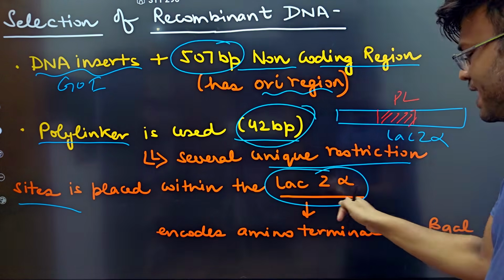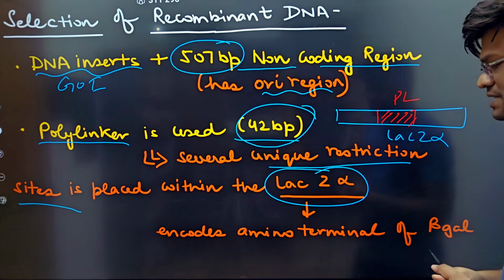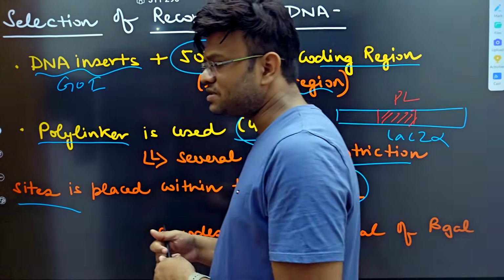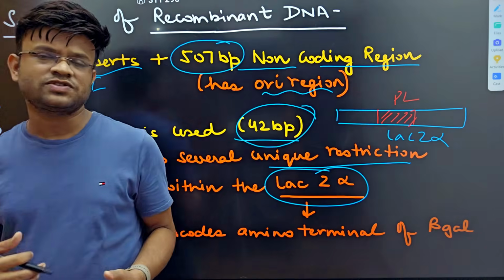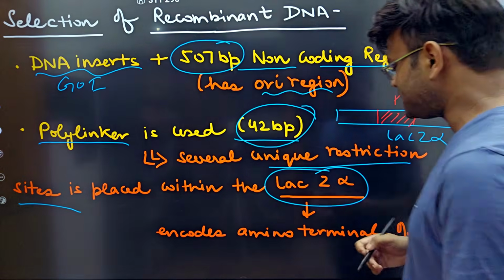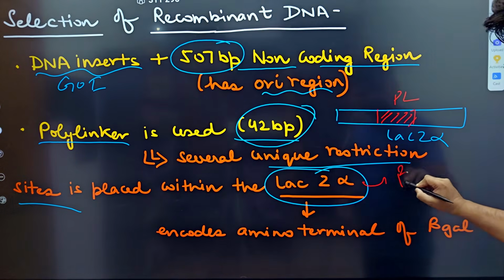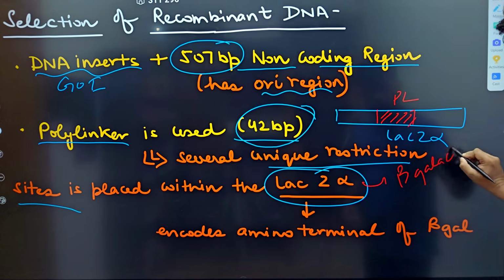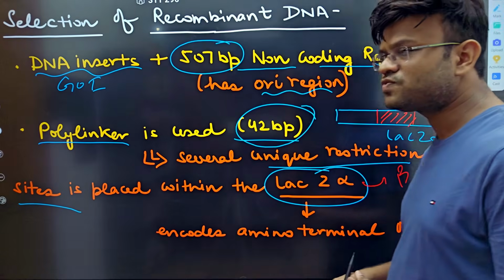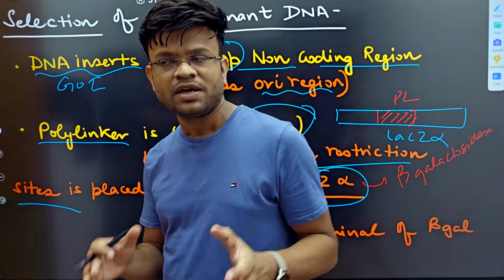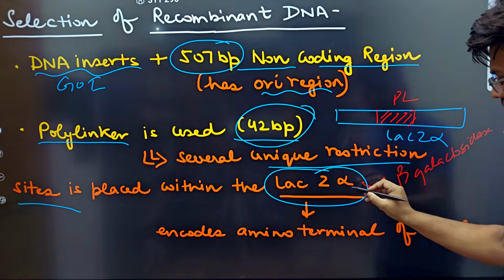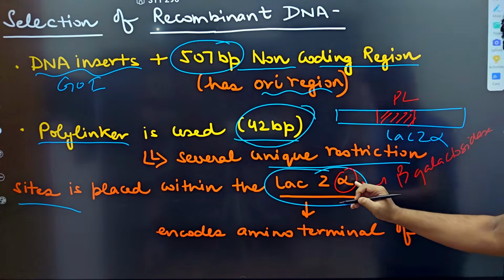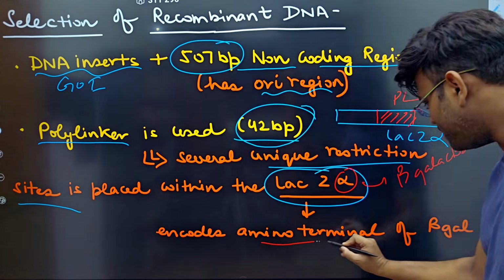Now this LAC-Z alpha gene, what is the function of the LAC-Z alpha gene? You might have heard about the LAC-Z gene. LAC-Z gene is basically utilized for coding the beta galactosidase enzyme. So LAC-Z gene is used for coding the beta galactosidase enzyme, and LAC-Z alpha, specifically alpha, is used for encoding the amino terminal.